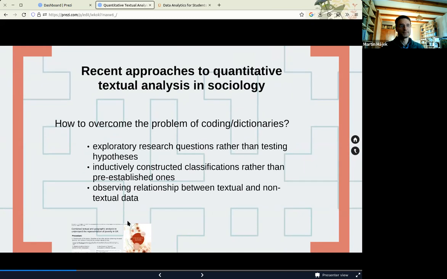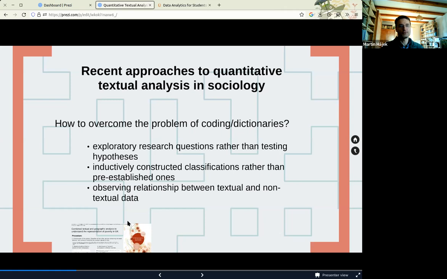Because of this problem, new approaches were developed for quantitative textual analysis to overcome the problem of coding and dictionaries, to overcome the problem that you have to transform naturally occurring data, natural language, into some analytical language, analytical code that can be counted and related to other variables.